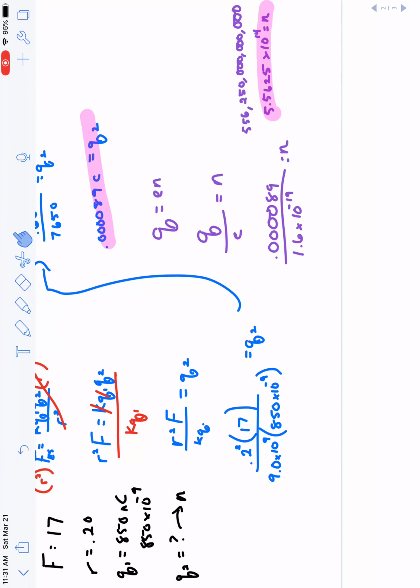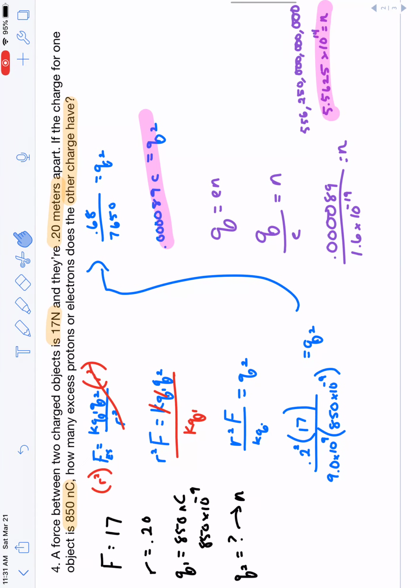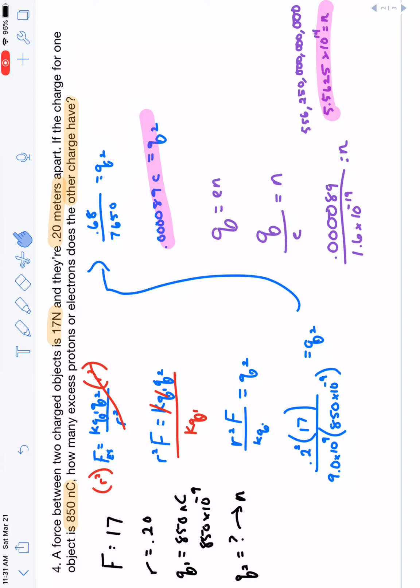So here we do have a whole number of excess protons. Again, that's just to clarify in case the problem asks you to do so.